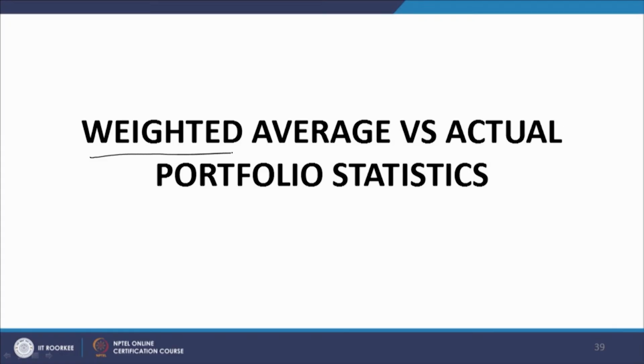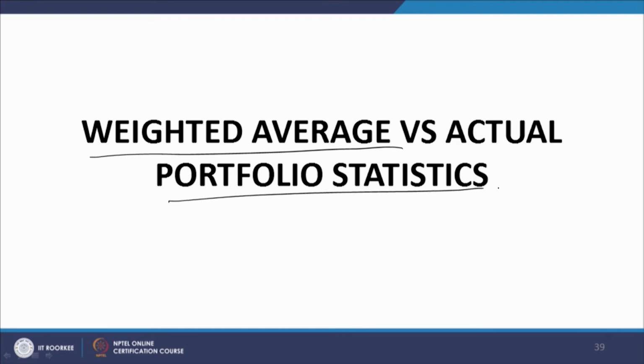So, the difference is very significant, very important, and it becomes manifestly relevant when you are talking about immunizing a large portfolio or immunizing a liability of a large magnitude. So, this is what we mean by weighted average statistics or weighted average values of the various parameters and the portfolio statistics.